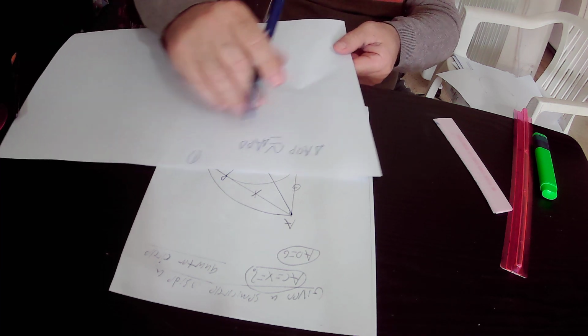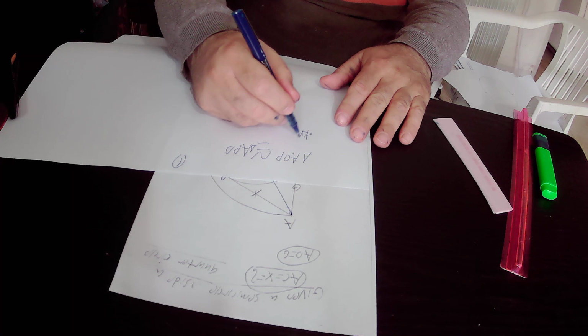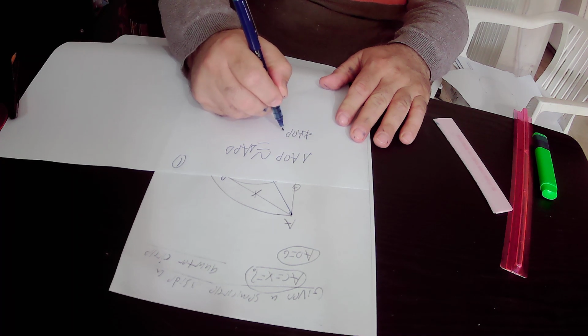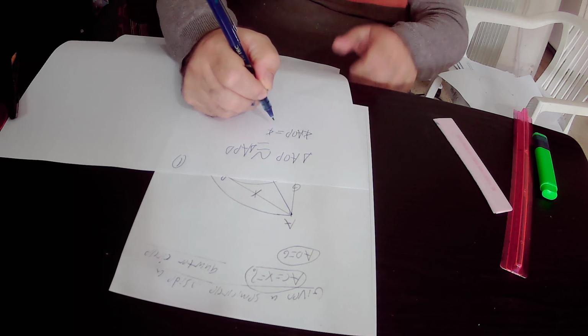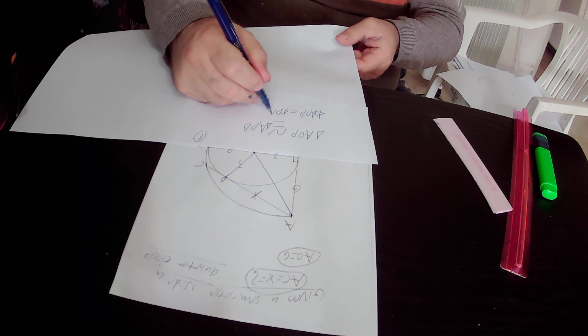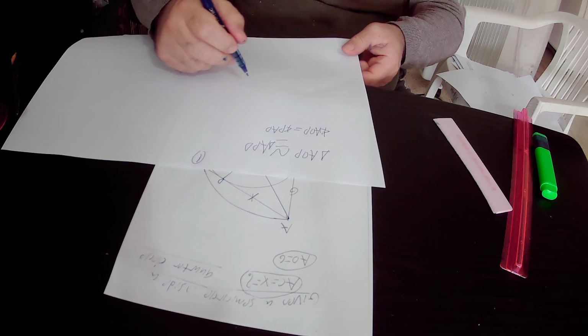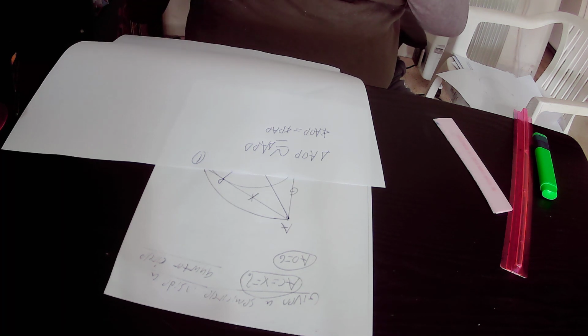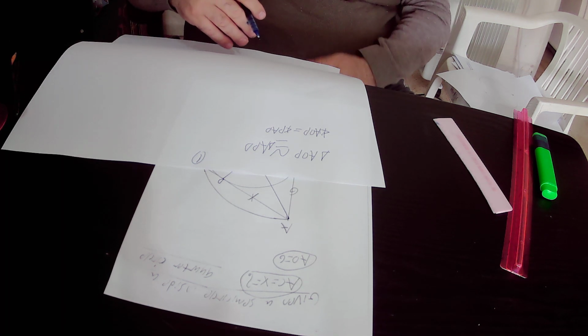Angle AOP is equal to angle PAD according to the rule that corresponding angles in congruent triangles are equal to each other.